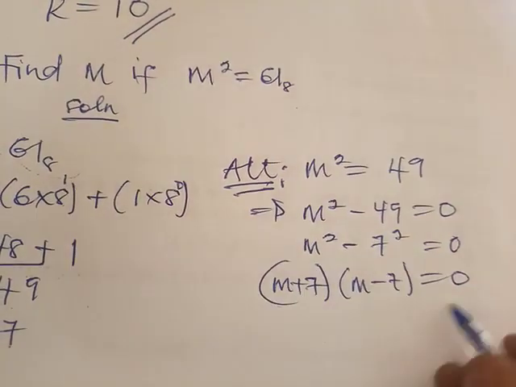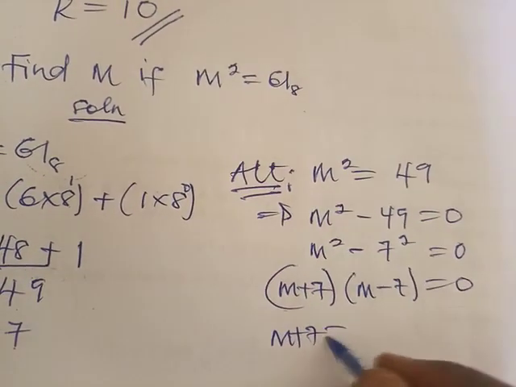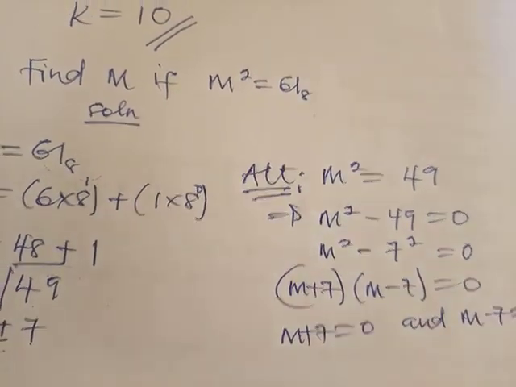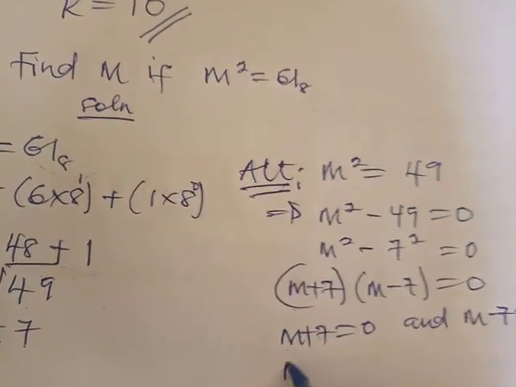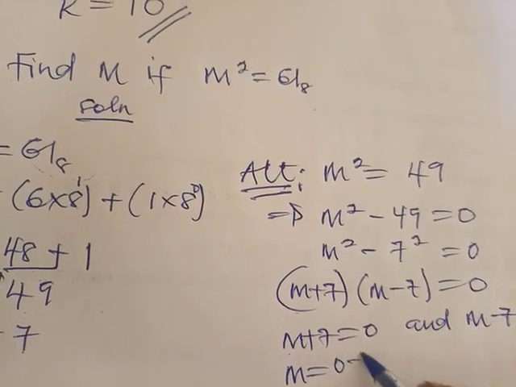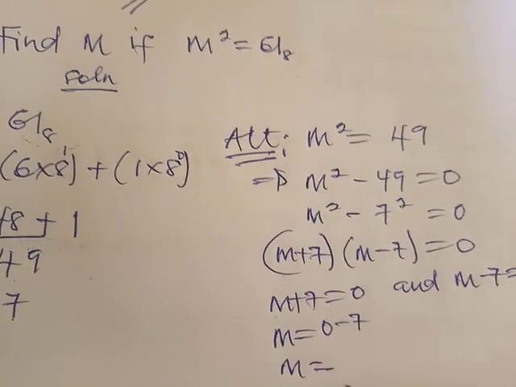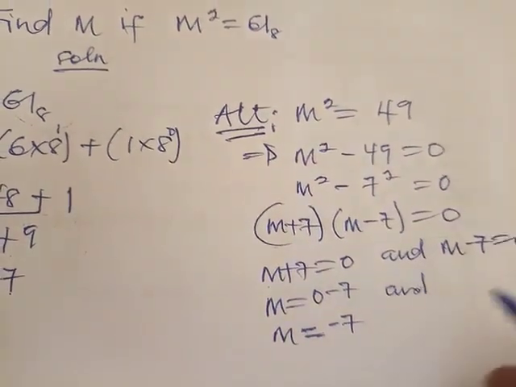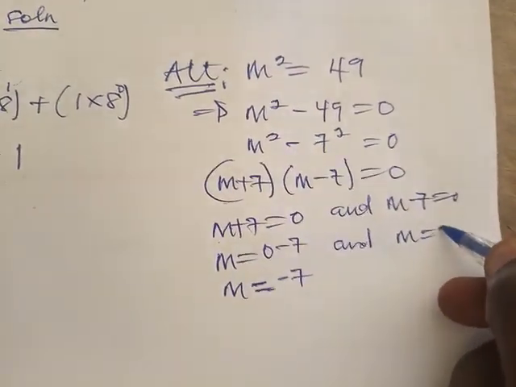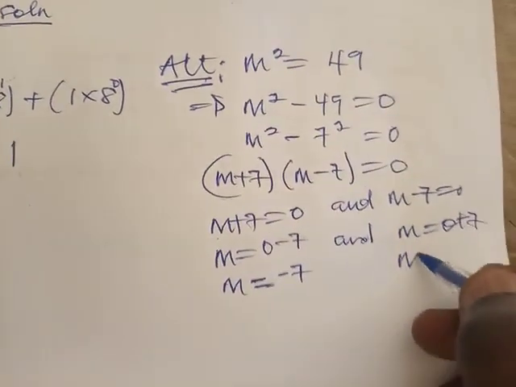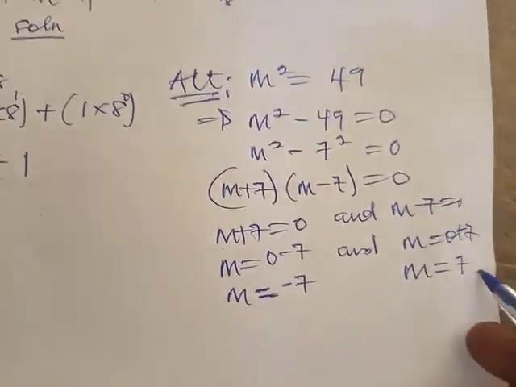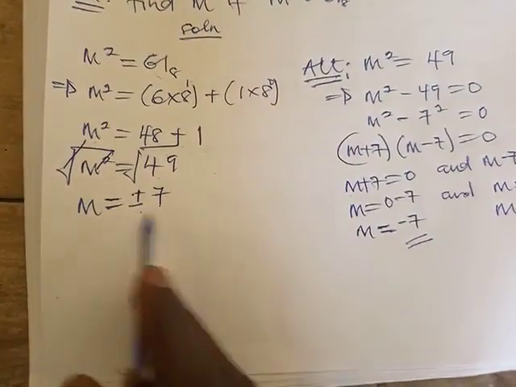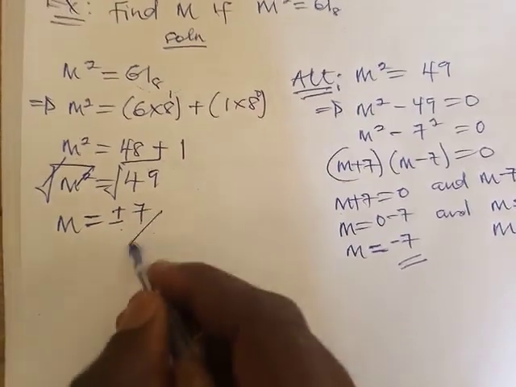So you're going to equate each of them to 0. So m plus 7 equals 0 and m minus 7 equals 0. So with this, m becomes 0 minus 7, so therefore m equals negative 7. And with this, m becomes 0 plus 7, so therefore m is equal to positive 7. So these are the two values of m you are going to get. This is the same as plus or minus 7.